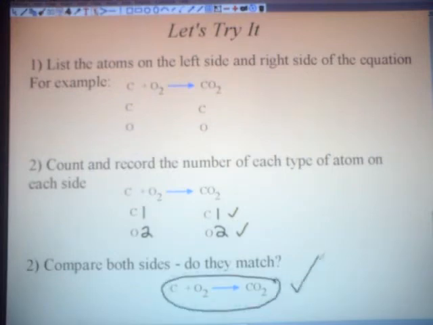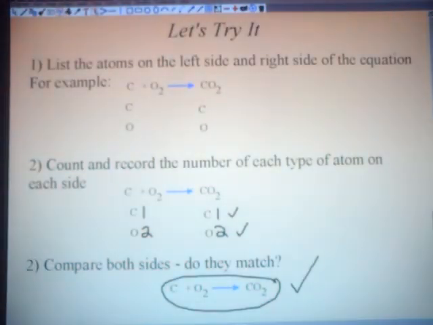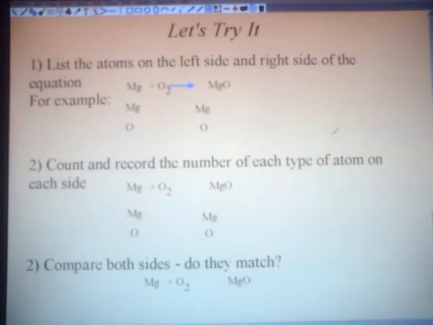Now take out the worksheet that you had called Balancing Act and look at the front side where we have our examples. And we're going to do the first one together. So start with the equation that says Mg plus O2 equals MgO.